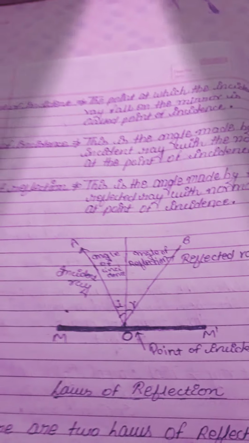Friends, look at these figures. I have made the whole topic on this figure. Then, what is the point of incidence? The point at which the incident ray falls on the mirror is called the point of incidence.